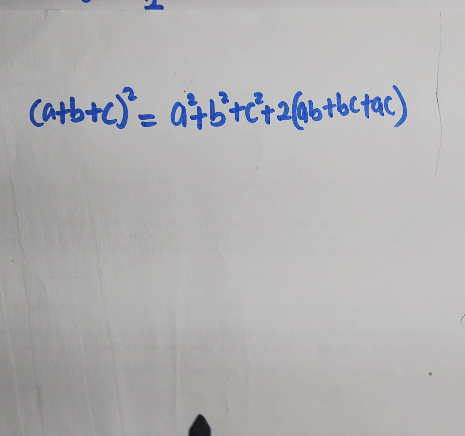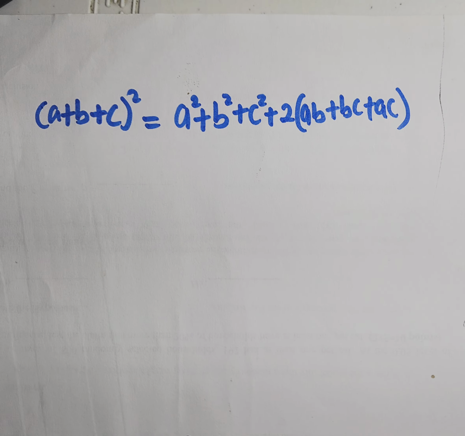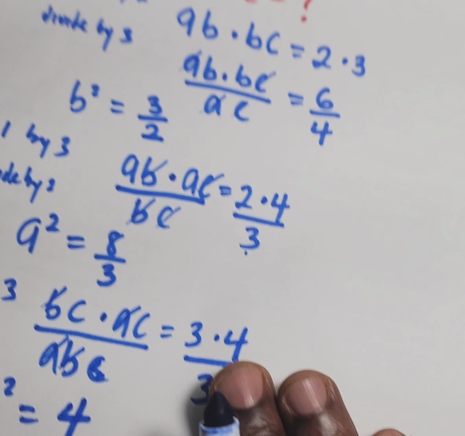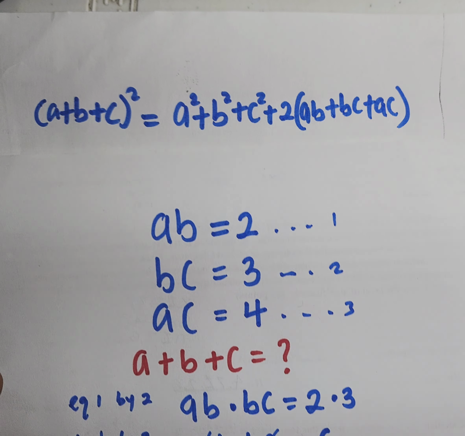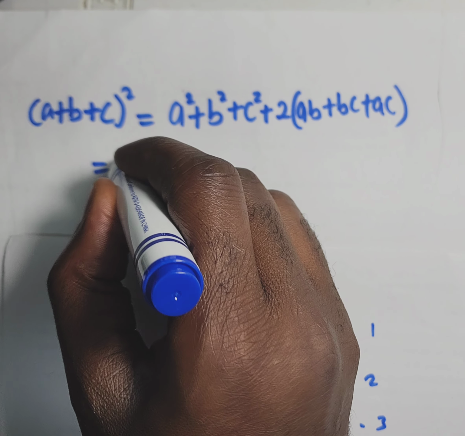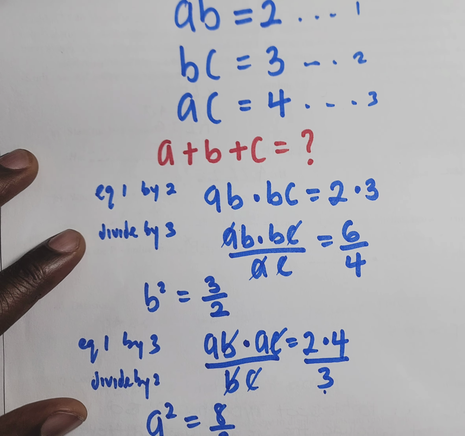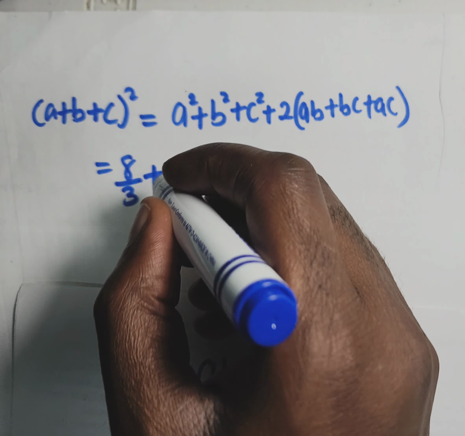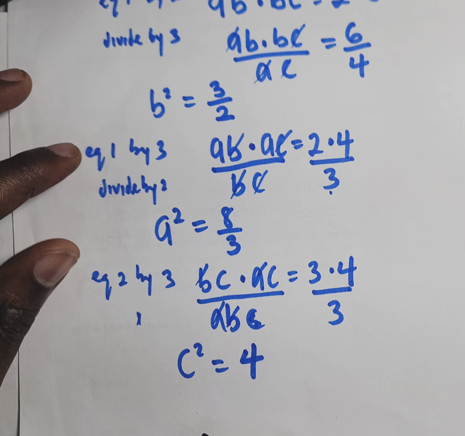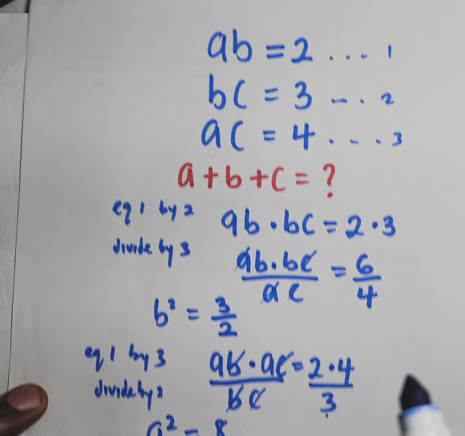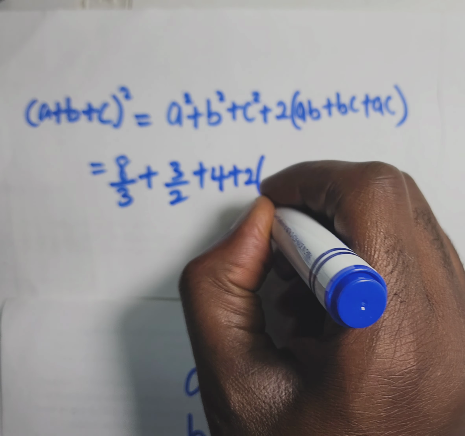So now, from the previous equation here, I have my a squared to be 8 divided by 3. So this is going to be 8 over 3. I have my b squared to be 3 over 2. And I have my c squared to be 4, plus 2 in parentheses.